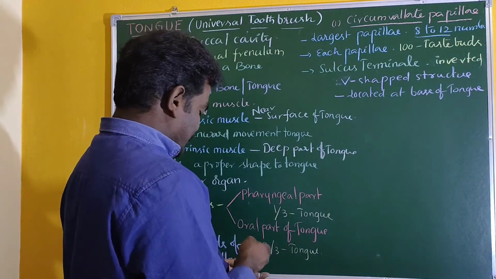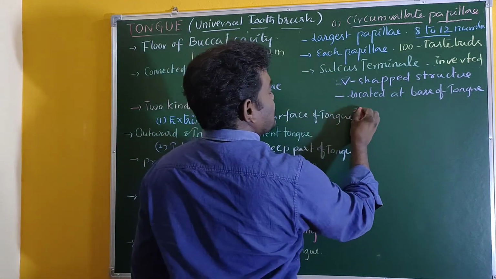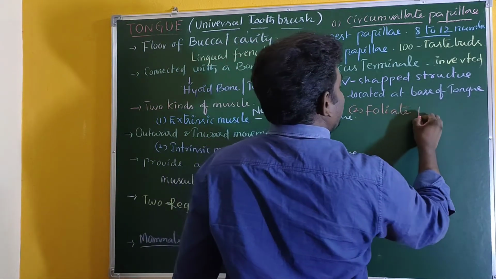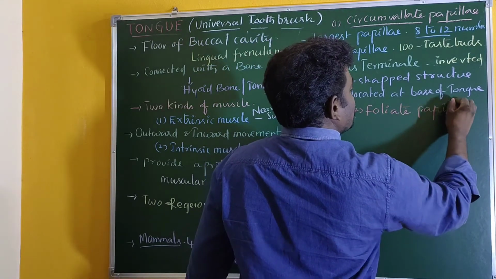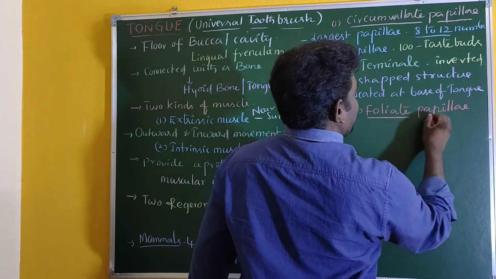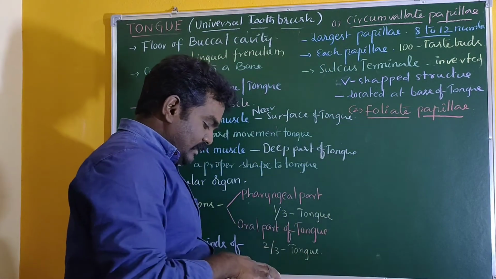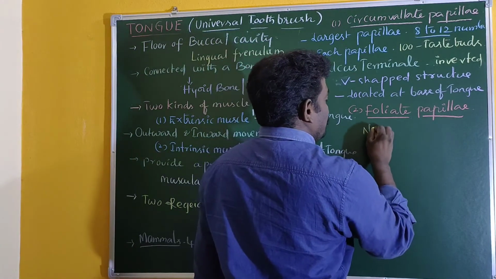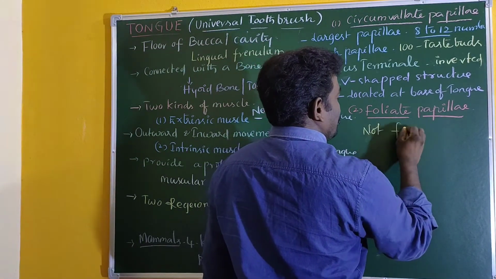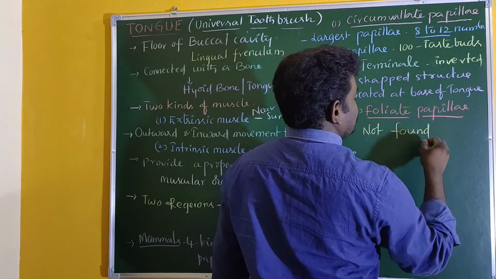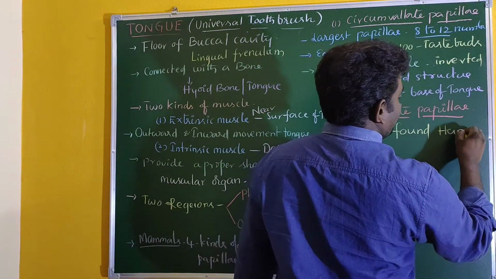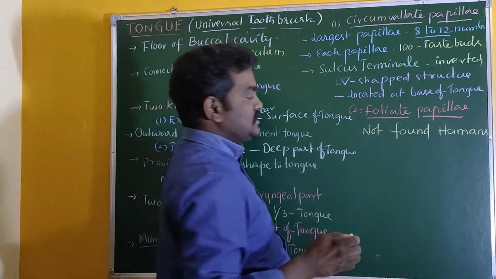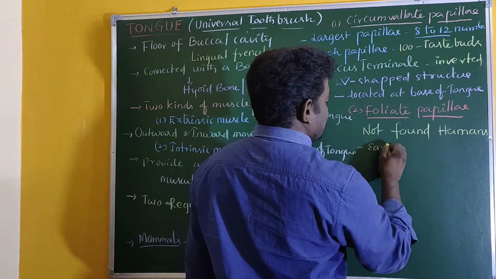The next type of papillae is foliate papillae. This is the second type. Foliate papillae are not found in adult humans, but they are noticed in early childhood.